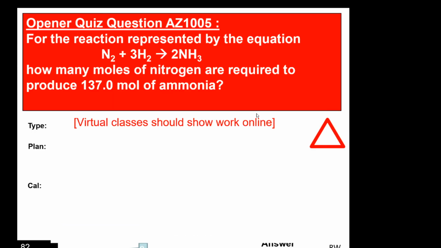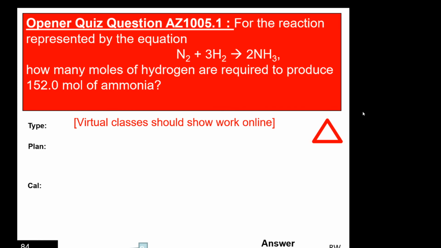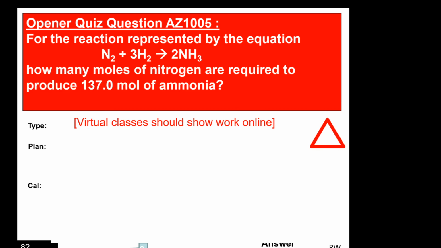Click through this. All right, so here's the quiz. With the reaction represented by this equation, how many moles of nitrogen are required to produce 137 moles of ammonia? Okay. This PowerPoint is giving me a lot of trouble today.